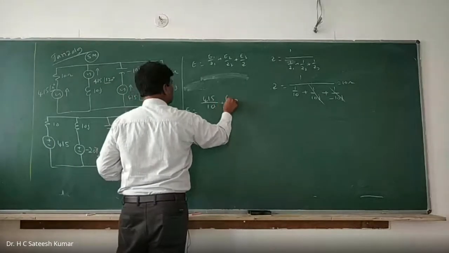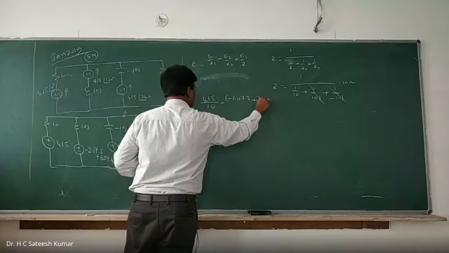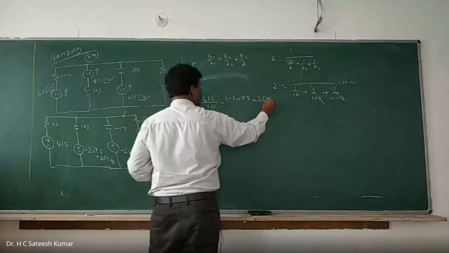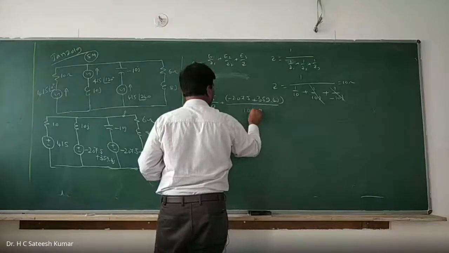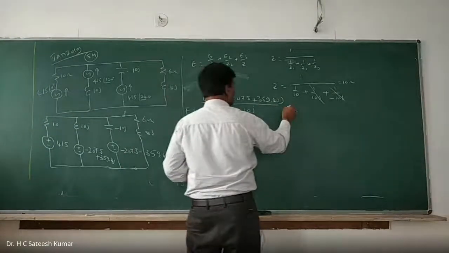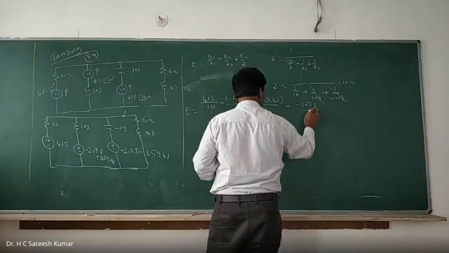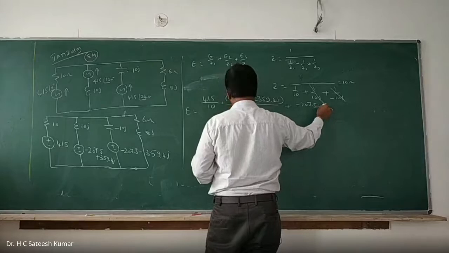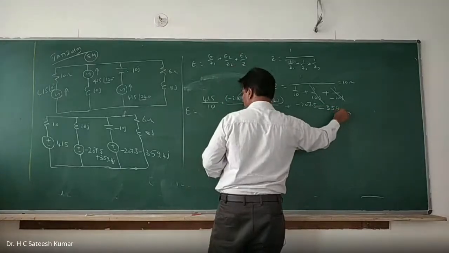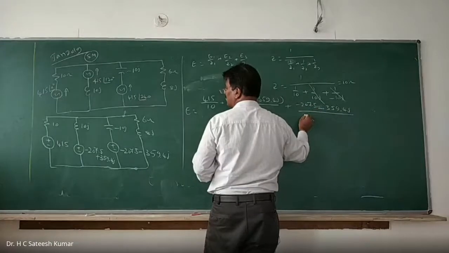Plus minus 207.5 plus 359.4J divided by 10J, and plus minus 207.5 minus 359.4J whole divided by minus 10J.